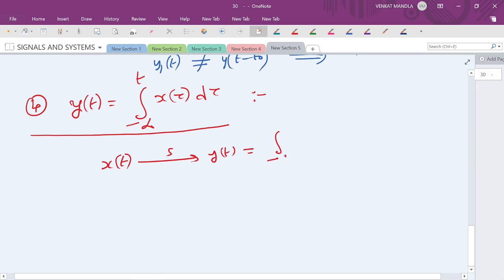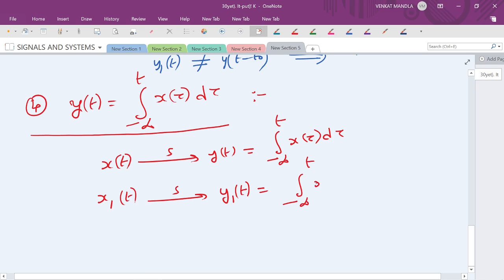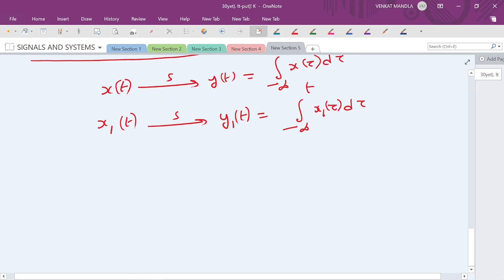We apply x1(t) as the input; y1(t) is the integral from minus infinity to t of x1(tau) d tau. Next, x2(t) as the input, and y2(t) is the integral from minus infinity to t of x2(tau) d tau.